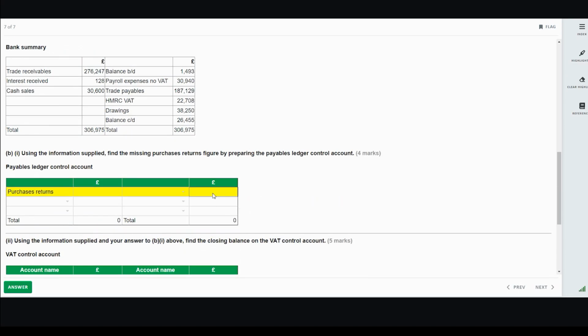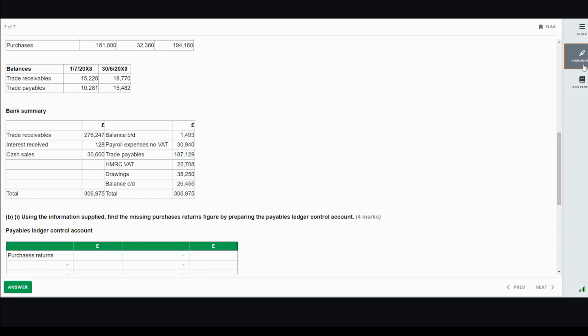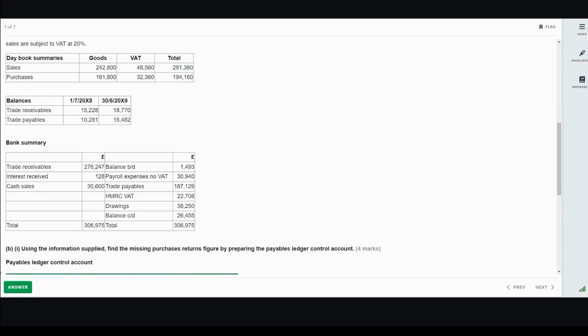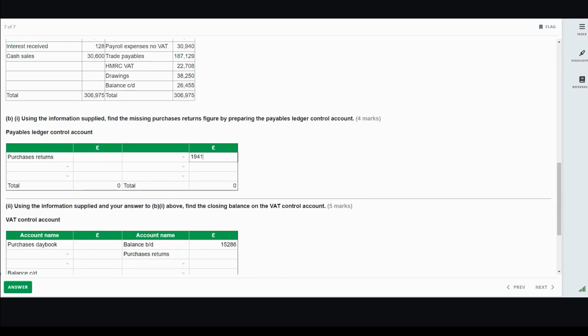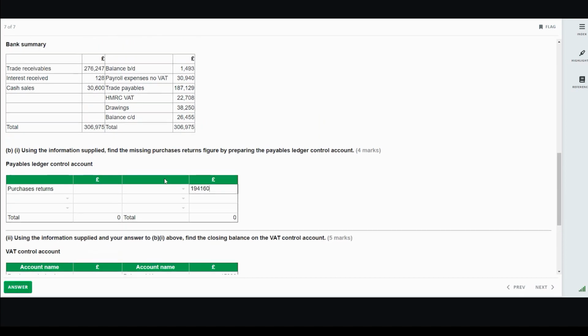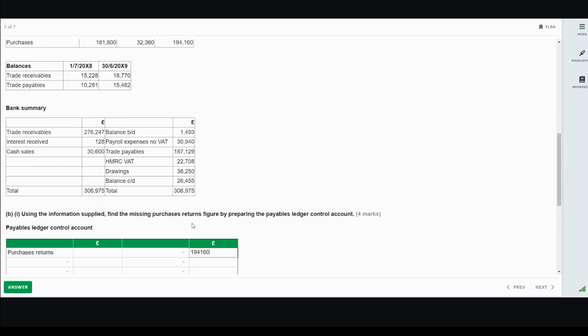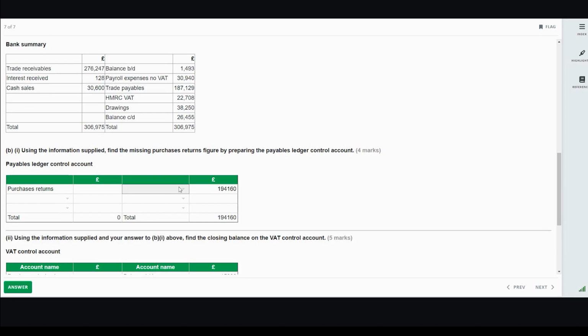So the first thing you're going to do is enter your purchases figure of 194160. I think that's what the figure was. 194160, yeah. And this is going to be my purchases.